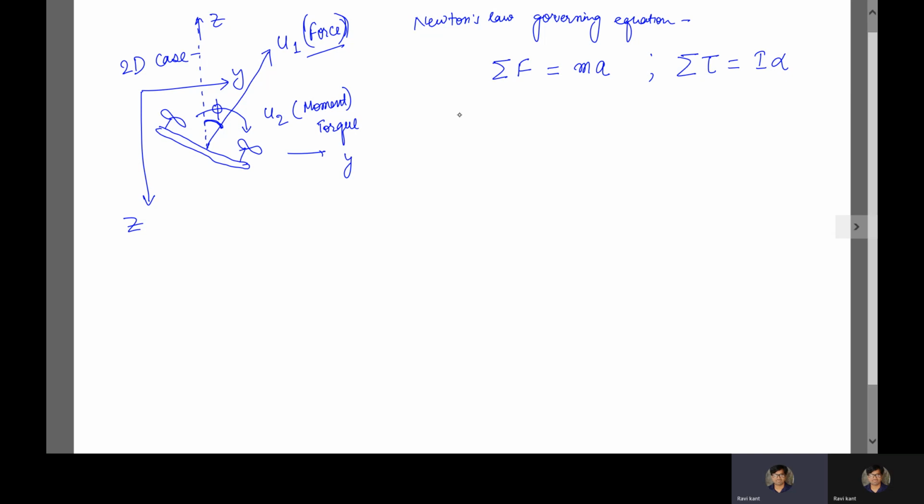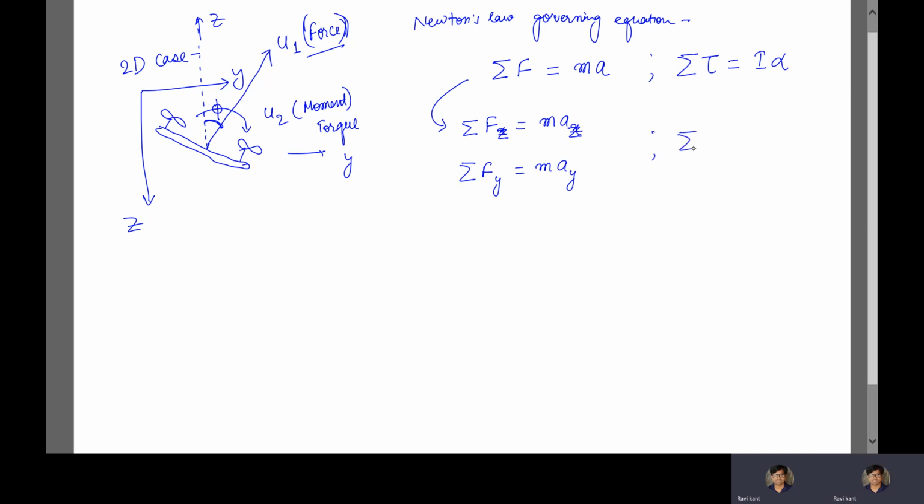So we can apply Newton's law in component form: the summation of all the forces in the z direction gives mass times acceleration in the z direction, because the x direction is not considered here. The second direction is the y direction, where the summation of all the forces gives mass times acceleration in the y direction.